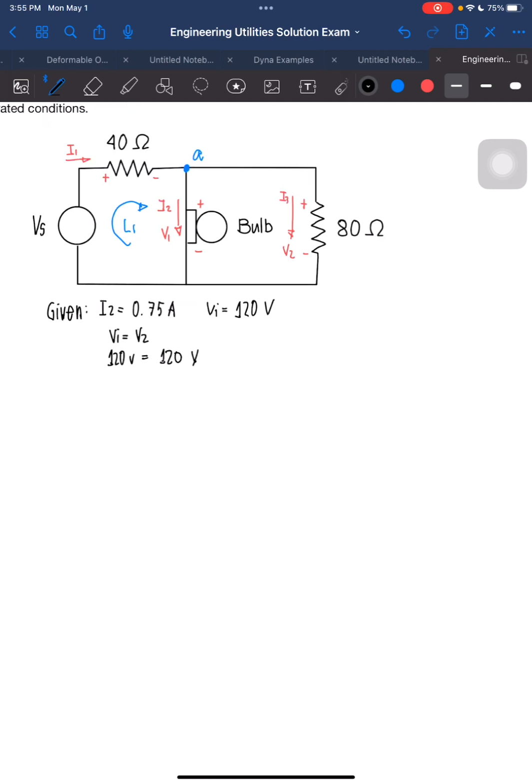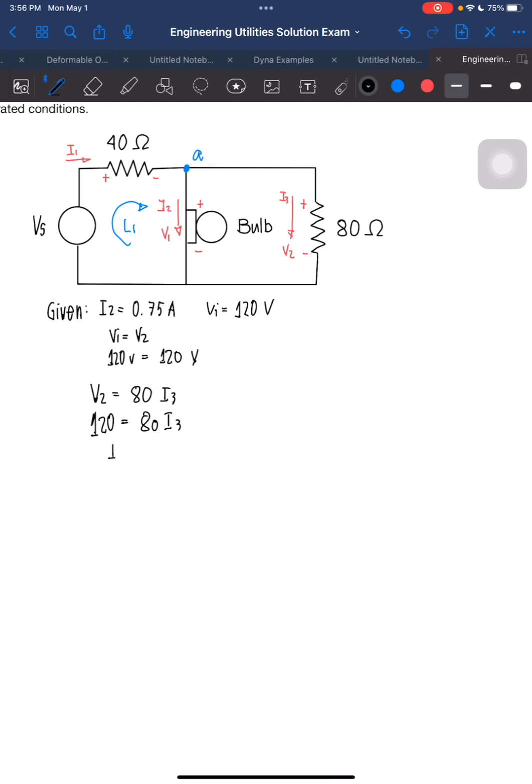So, first, determine muna natin yung V2 dito. V2 is equal to yung 80 ohms, multiply mo ng I3. Since ang sinabi natin V1 equals to V2, ang ating V2 ay 120 is equal to 80 I3.